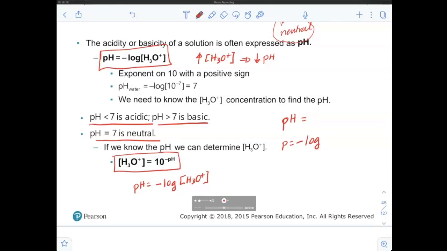Now, this made more sense when back at home we were using H plus to communicate the level of acidity, or the acidic ion. Back at home we used the hydrogen ion, or the proton, to communicate the acidity. So if you had the proton and you're trying to figure out the pH, you essentially took the negative log to the base 10 of the hydrogen ion, and negative log base 10 stood for the P part of the pH.